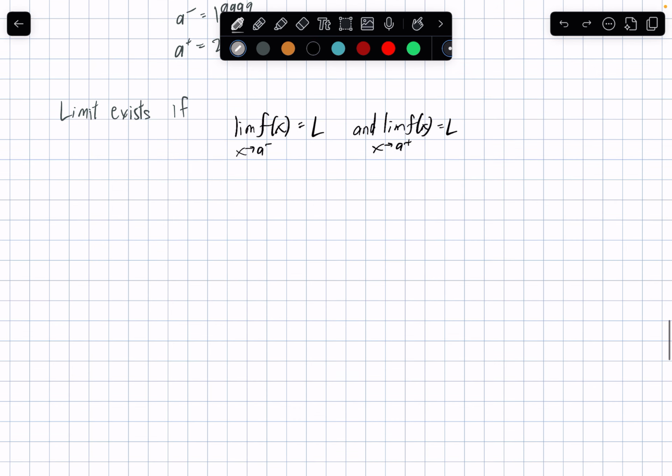So in a graph, it looks like this. Approaching from the left and approaching from the right, they meet in the middle.